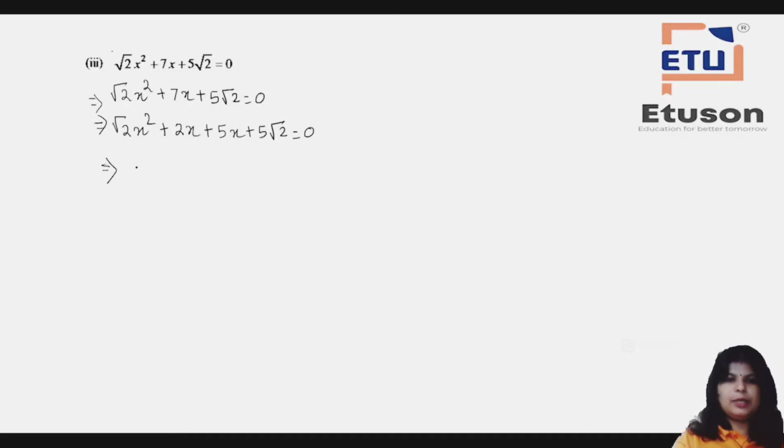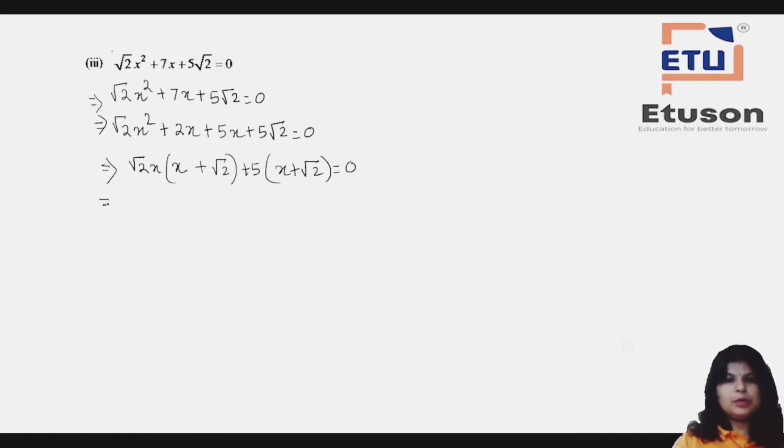Here you take root 2x common. Then you will be left with x plus root 2, plus you take 5 common here, you will get x plus root 2 left, is equal to 0.